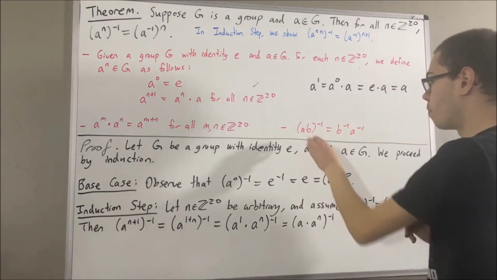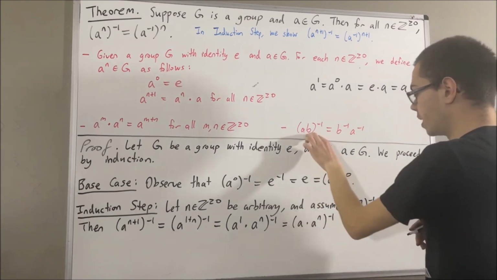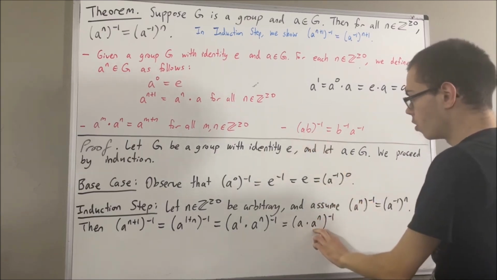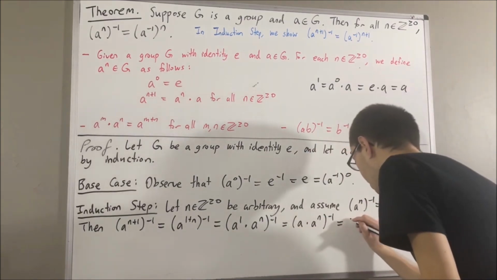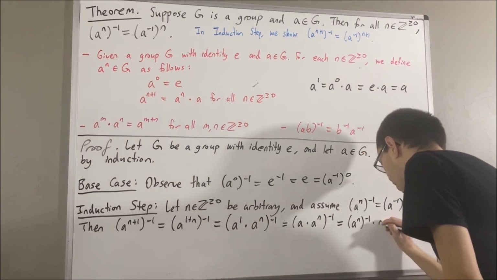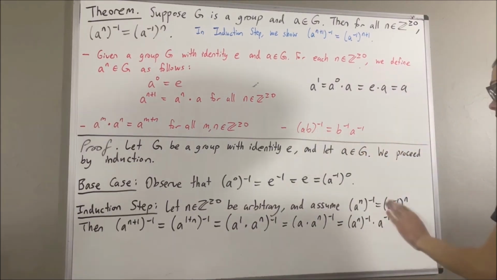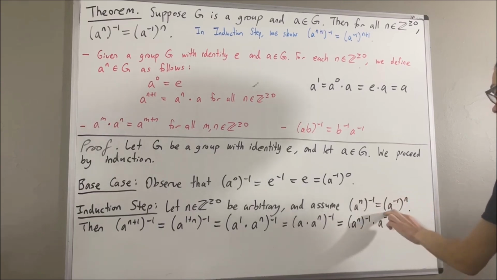And then, applying this result, we're going to take A to be A, and we're going to take B to be A to the n. Well then in that case, the inverse of A times A to the n is equal to the inverse of A to the n times the inverse of A. But then, by the induction hypothesis, we know that this is equal to this.